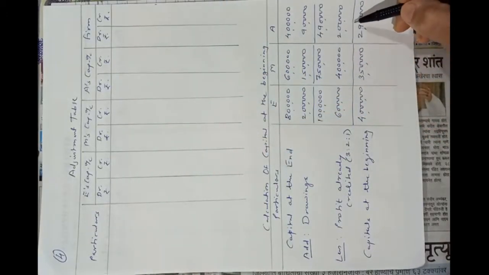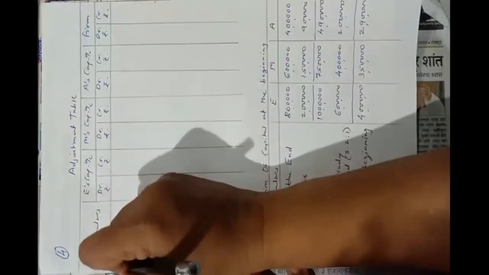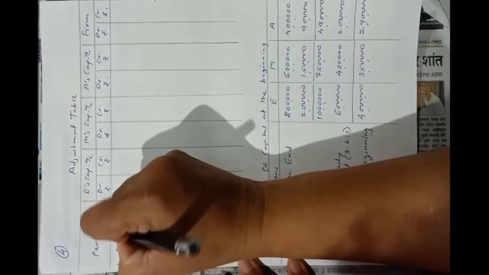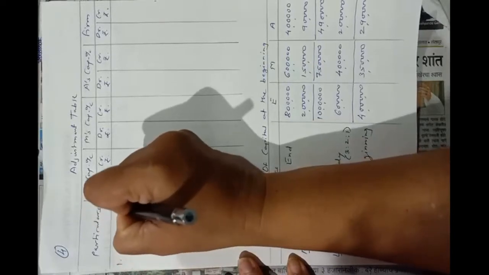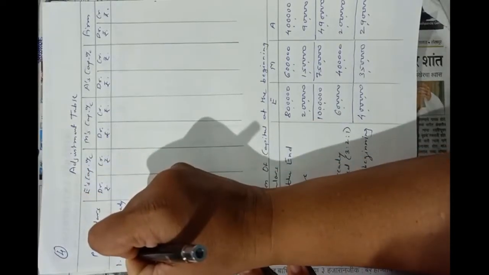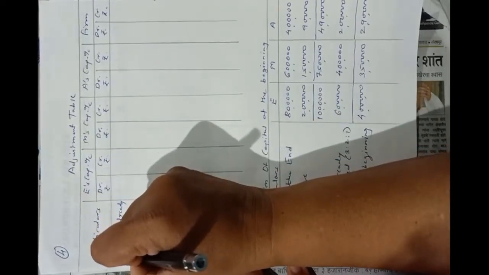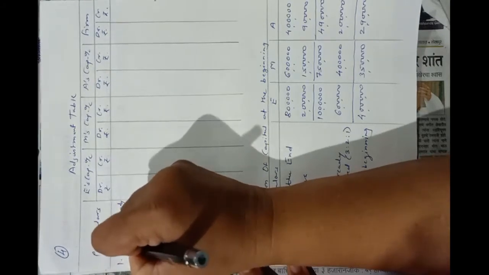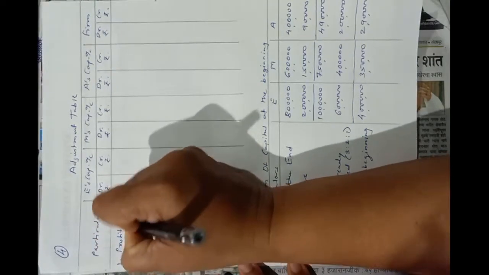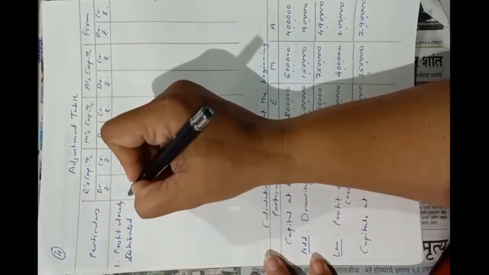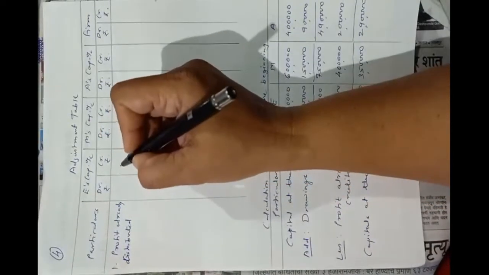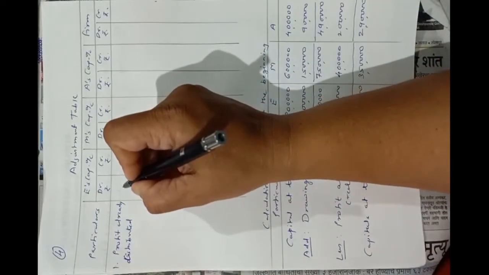Profit already distributed is 6 lakhs, 4 lakhs, 2 lakhs, so we have to take it back. So first will be profit already distributed is to be taken back. We have to take it back, so we have to debit their accounts by that amount.